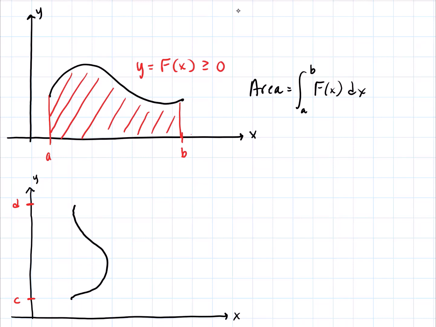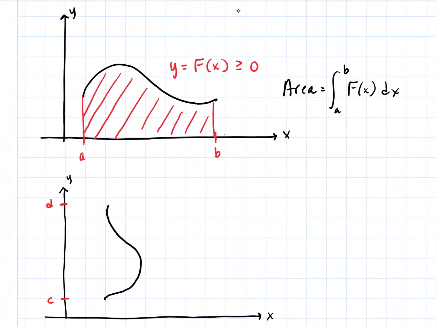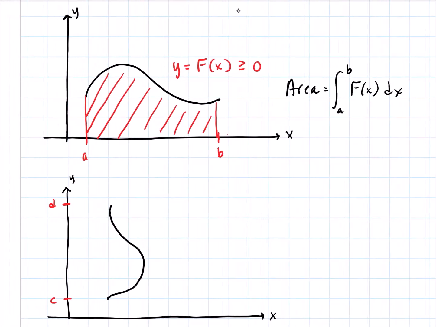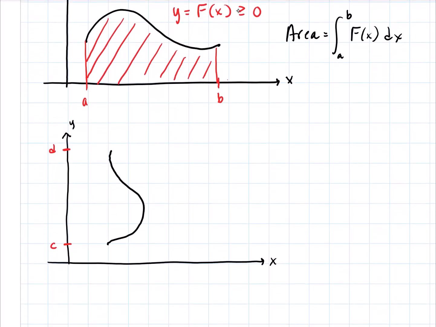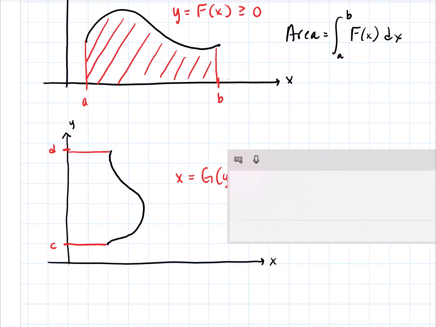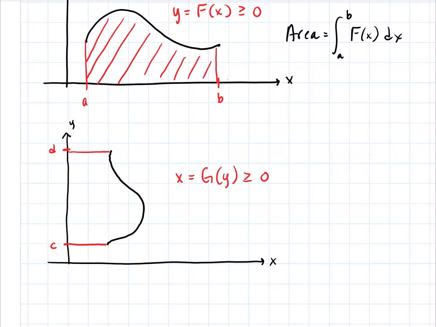Now, we also extended that and said, what if the curve was instead a function of y? We called it g of y. Well, if that were the case, we could find the area from the curve. We kind of tilted, and I'm even tilting my screen sideways here to draw my area lines.